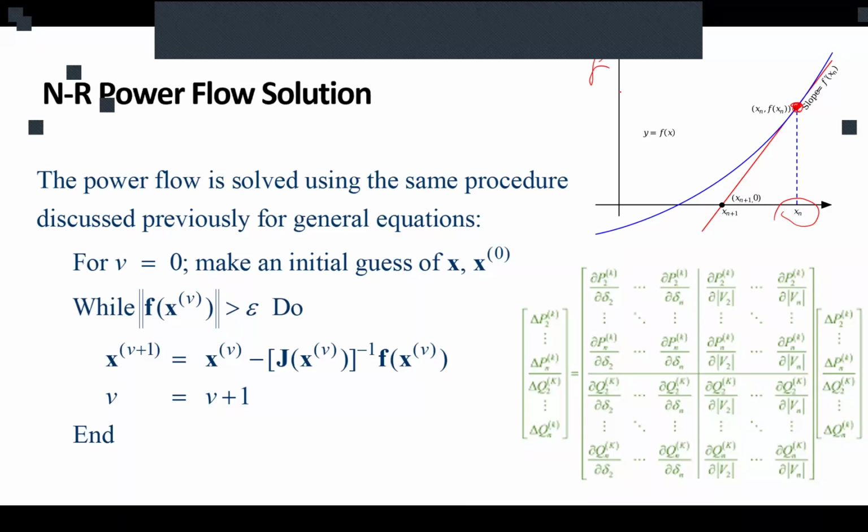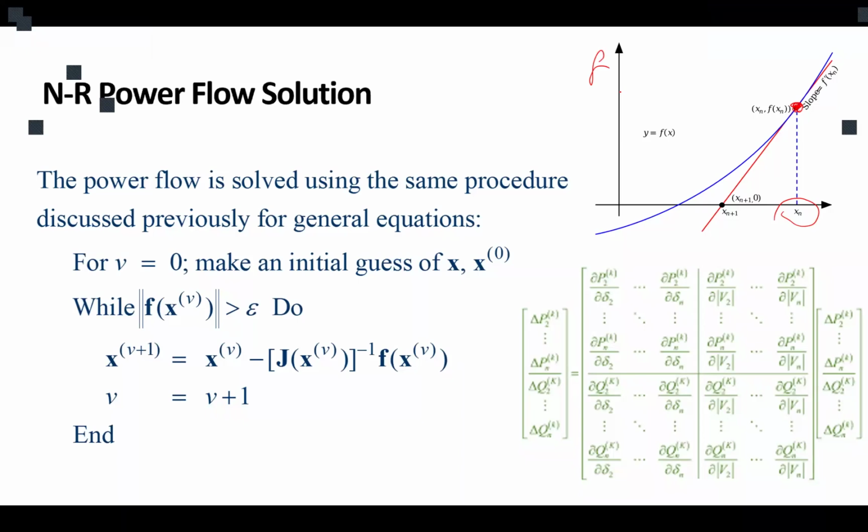Newton-Raphson uses the slope or the differential of the curve of F to help you find the next guess more efficiently.